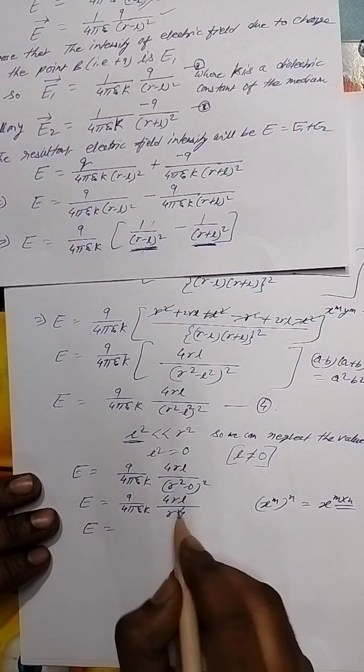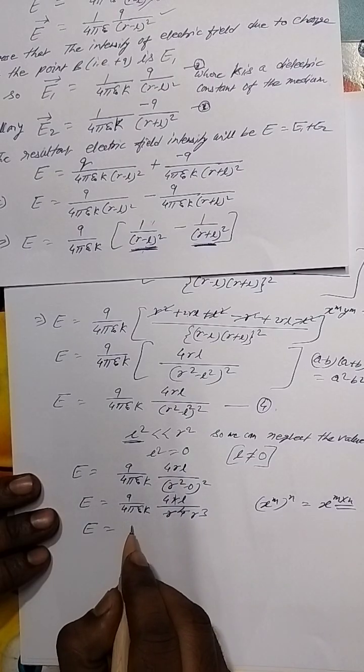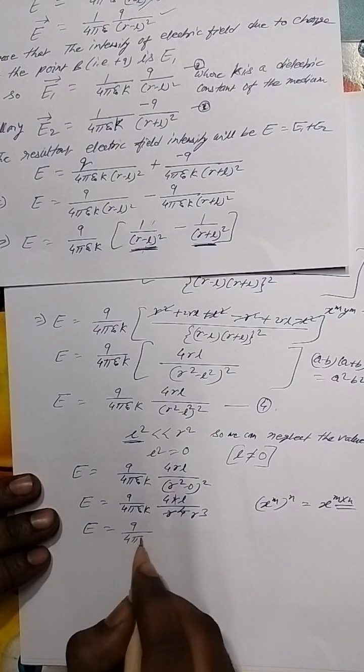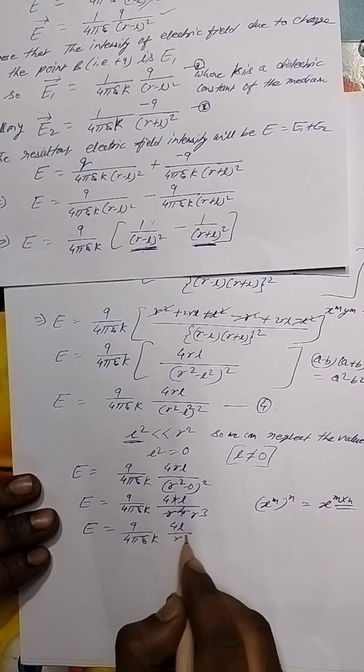E is equal to, please cancel this r, we get q upon 4 pi epsilon 0 k, 4l upon r cube.